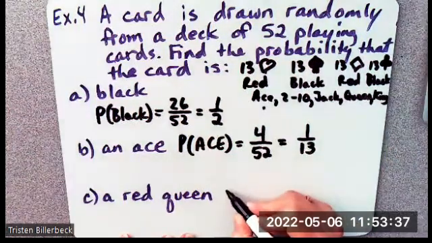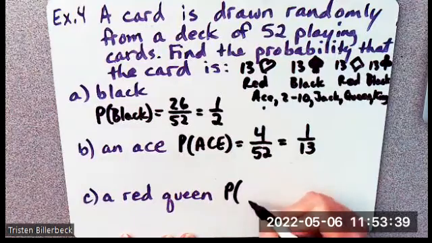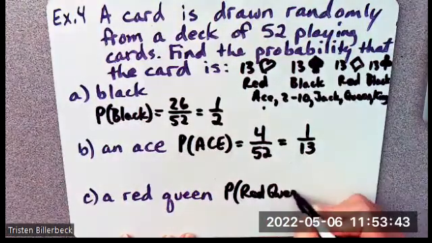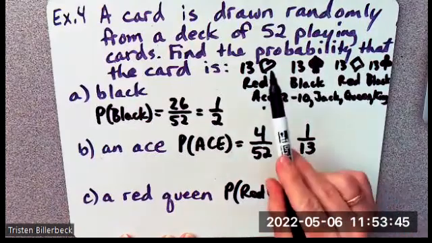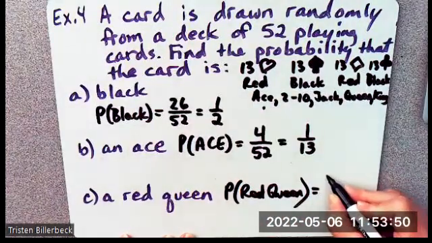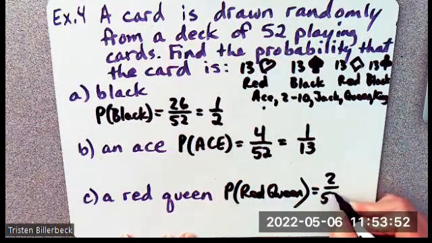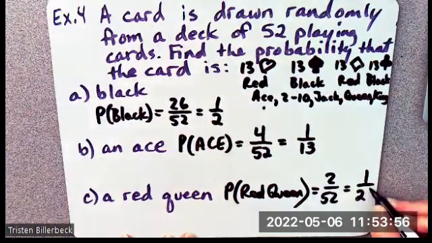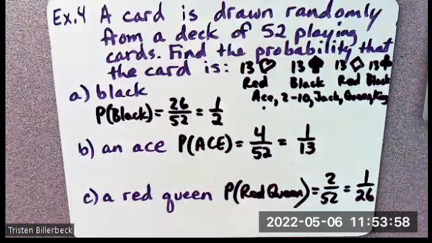All right, so then we look at the probability of a red queen. Only 2 suits are red, and each of those suits has a queen. So we have 2 out of 52. So the probability of a red queen would be 1/26.